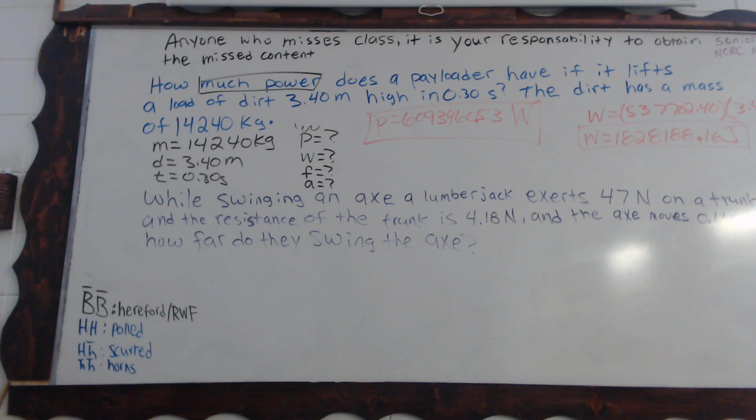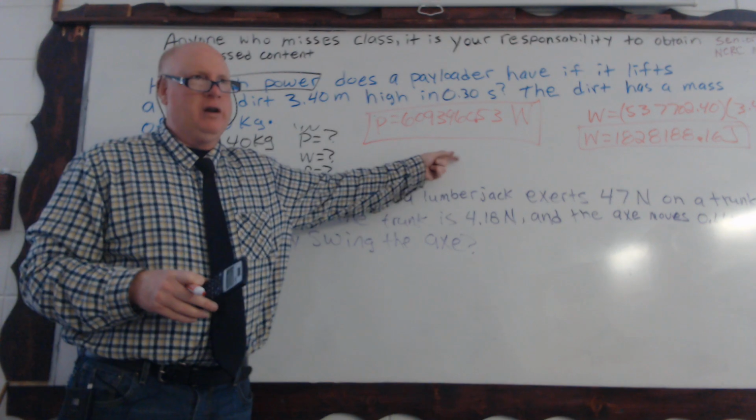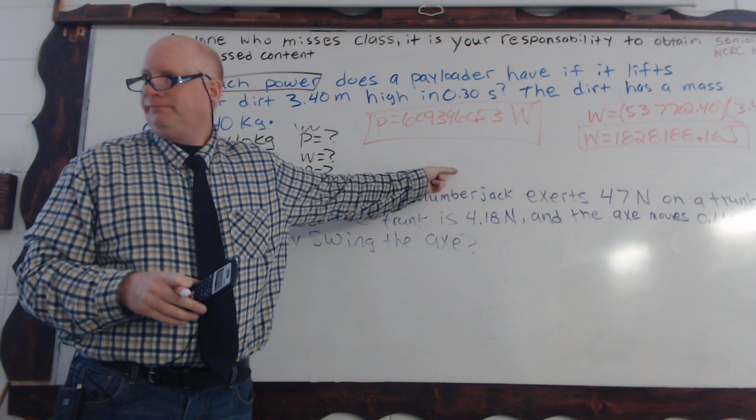That would be a little much. But again, we just wrote that problem up really, really quickly. I think maybe some tugboats might have 8,000 horsepower, but probably not a payloader. But you went where the numbers led you to. Okay?